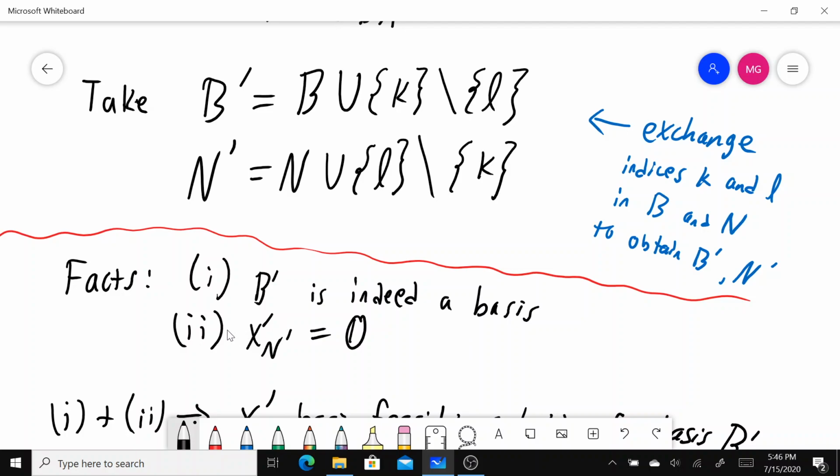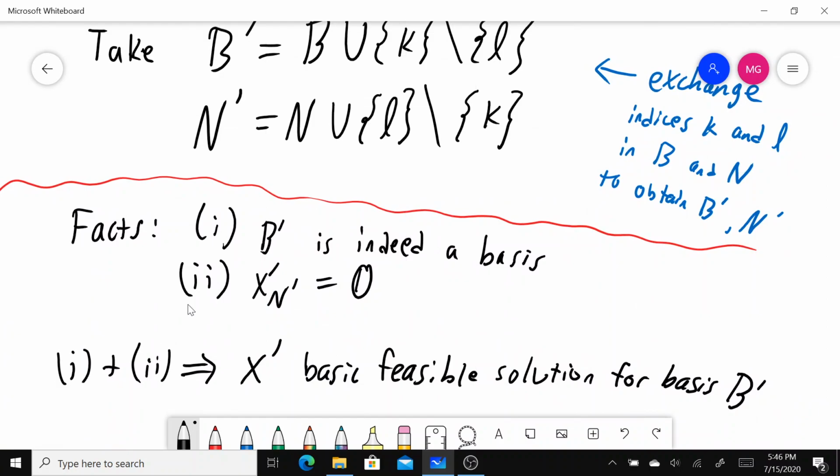And the other fact is that what we wanted to show is that x prime was a basic feasible solution for this basis b prime. So what would need to be true for that? Well, we would need that x prime for these new non-basic components, the n prime components, would all need to be zeros. That's what it means to be a basic feasible solution for a particular basis.